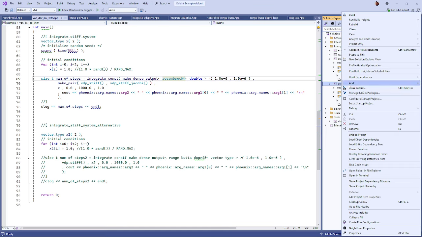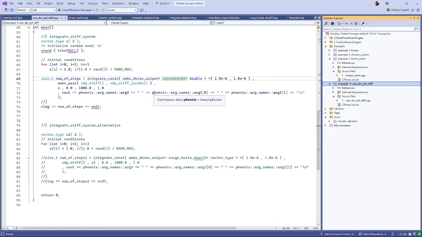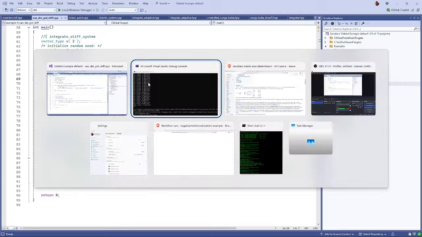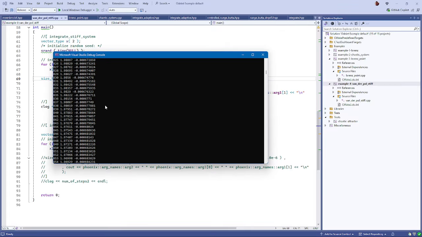So we can run this one. The output is not that exciting. Build it, release, and then we run it, and it outputted, I believe this is the time, and this is the two values in the system. The van der Pol oscillator is a two-dimensional system, so that's the state vector.